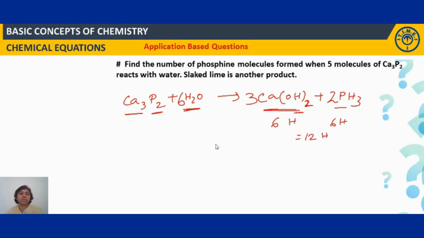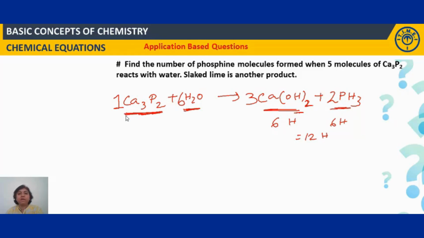Now what you have to do? You have to find out the number of phosphine molecules formed when 5 molecules of Ca3P2 reacts with water. Okay. You can see calcium phosphide. What is its coefficient? Nothing is written, means it's 1. So 1 molecule of calcium phosphide gives rise to 2 molecules of phosphine.